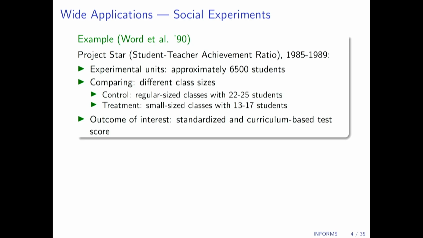So basically, they involved about 6,000 students, assigned them to classrooms of different sizes, and at the end of the day, they compared the test scores of the students from different classroom sizes.